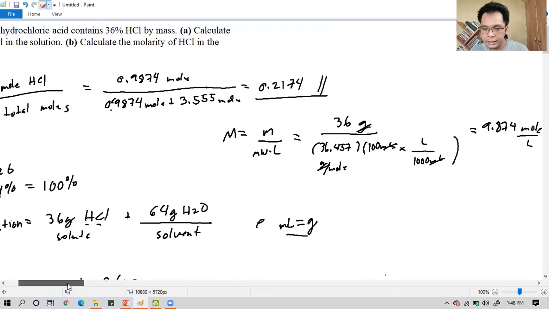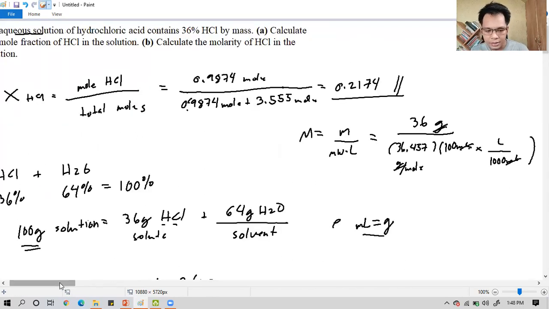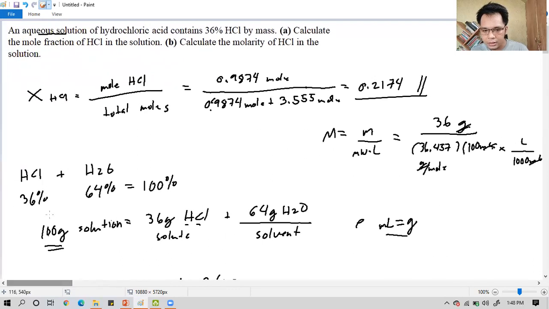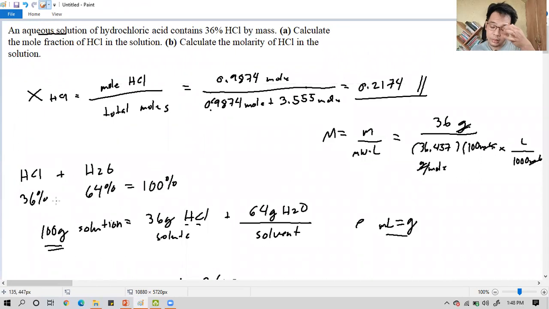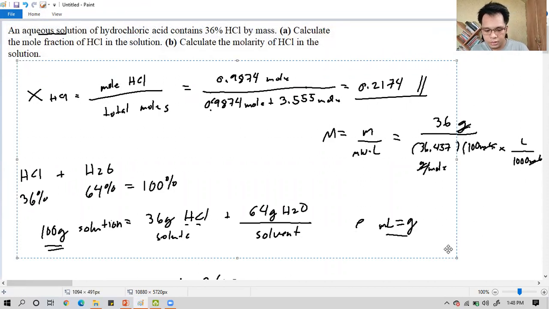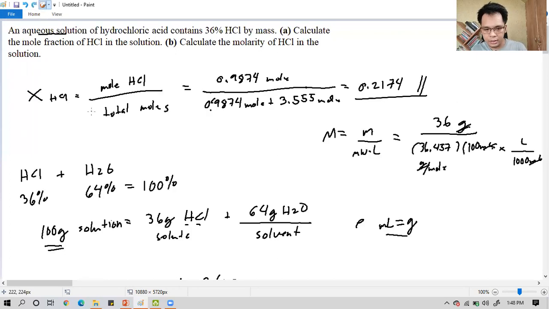Ayan. And then, sa molality naman tayo. Okay, I'll just erase some. So, take screenshot guys here. Ayan, I'll just erase a portion of this board.